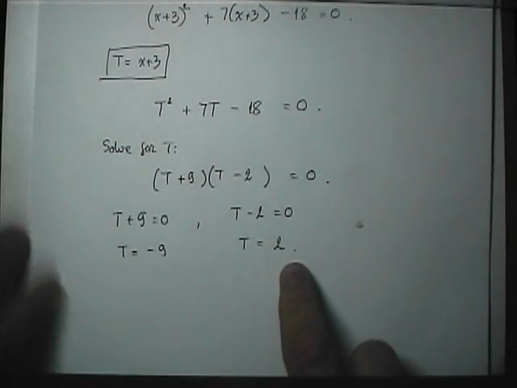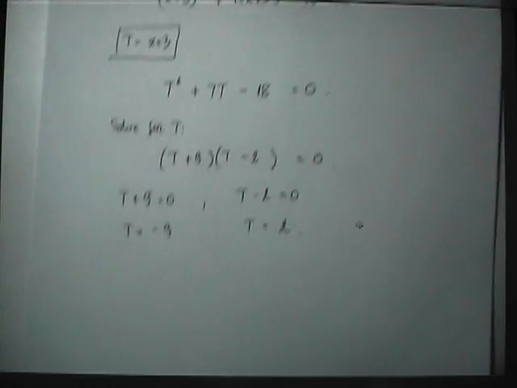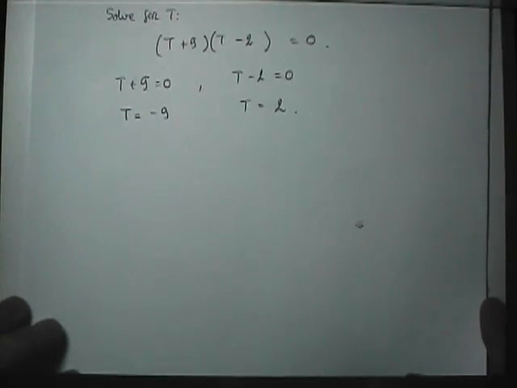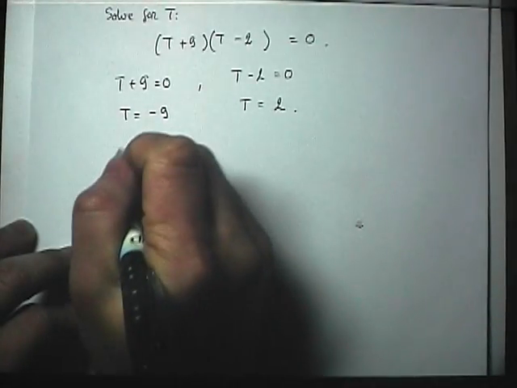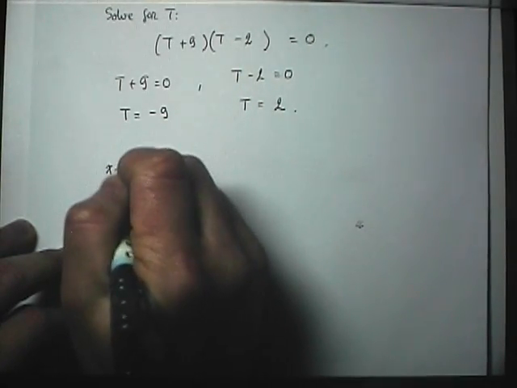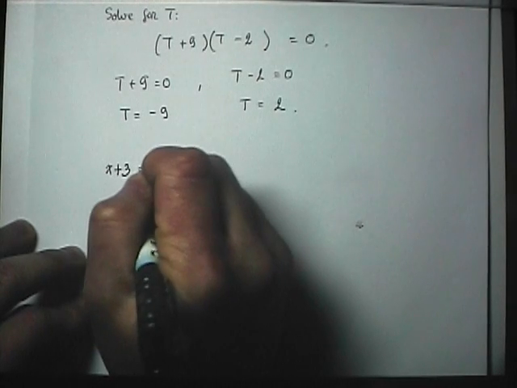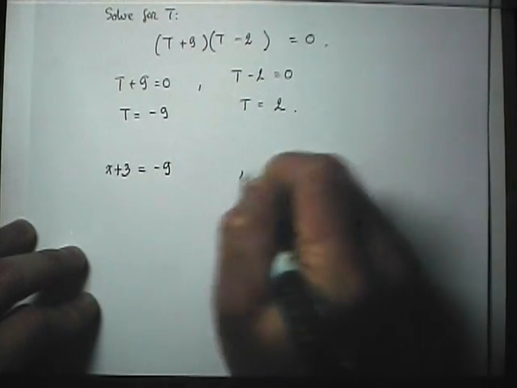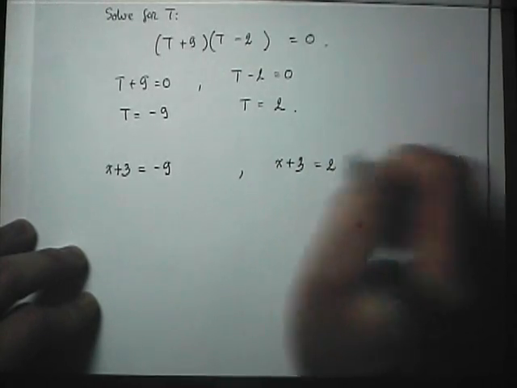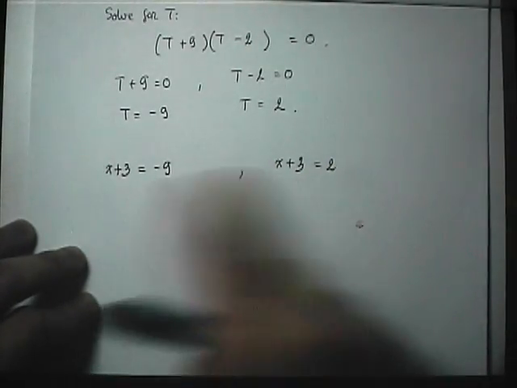Once again, we're not done with t. We're not done solving because here we only found an answer for t. I need to go all the way back to the substitution point, t equals x plus 3. So now I can set x plus 3 equal to negative 9, and x plus 3 equal to 2 as well. So now I'm producing two other equations.